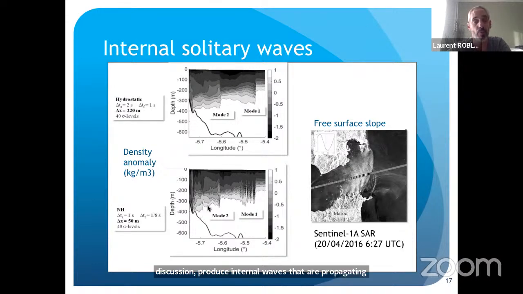Here, the waves propagate as a train of solitons with a varying number of solitons and celerities. In this right figure, we illustrate that the train propagation is quite comparable with SAR observation from space.